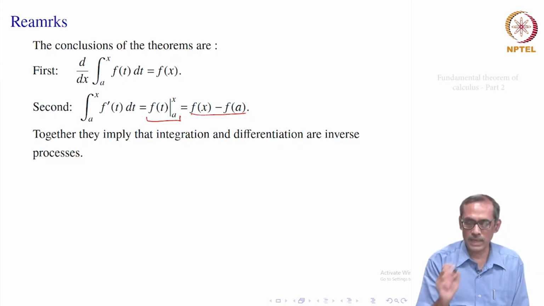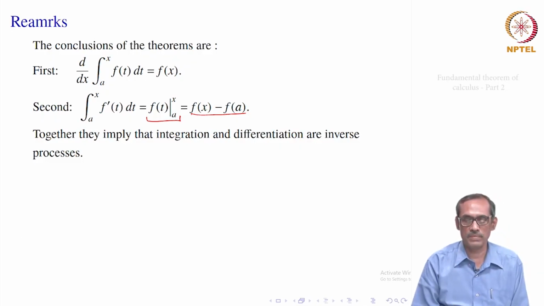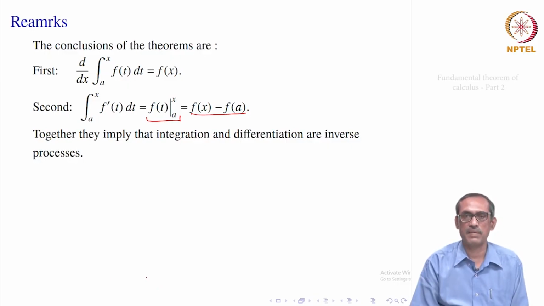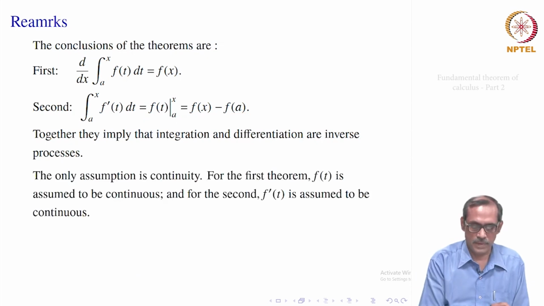This constant we cannot avoid, because we know if derivatives of two functions are the same, then those two functions can differ by some constant. So here, because we take the integral a to x, we have that constant as f of a.